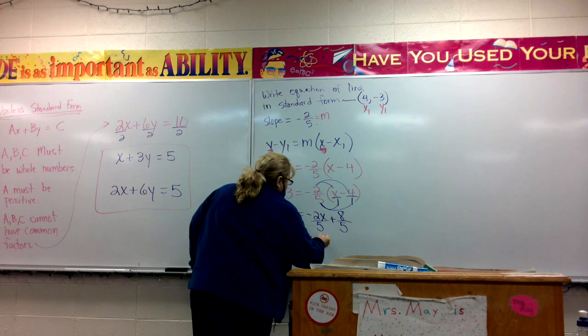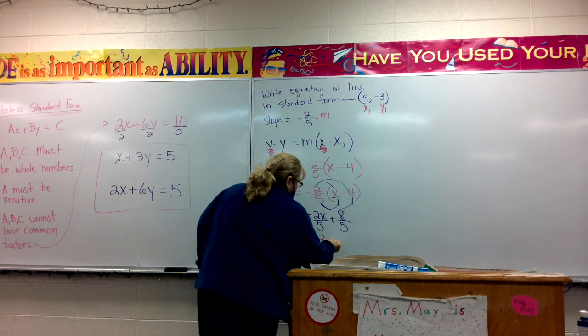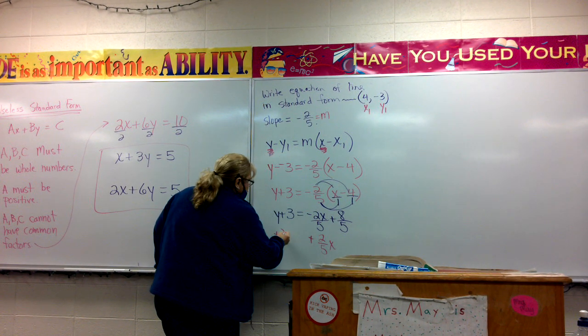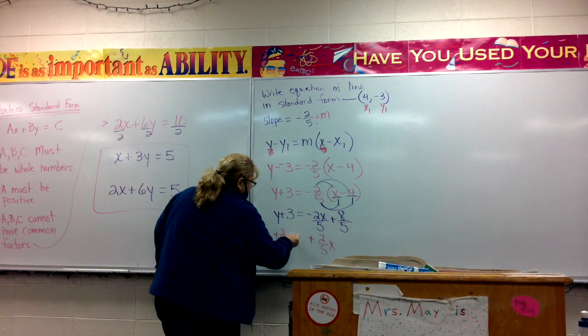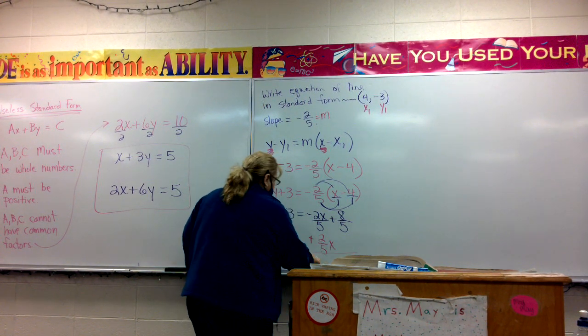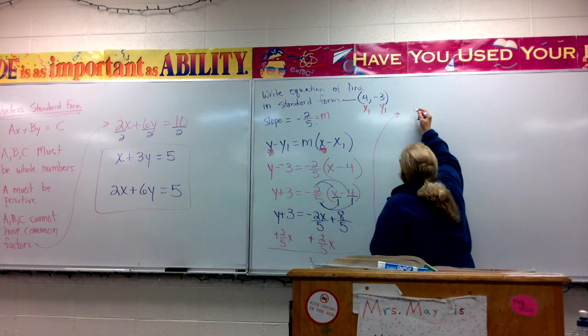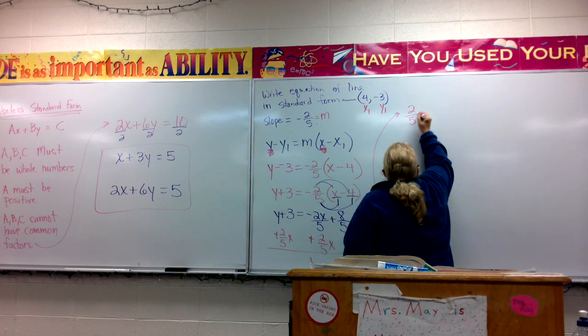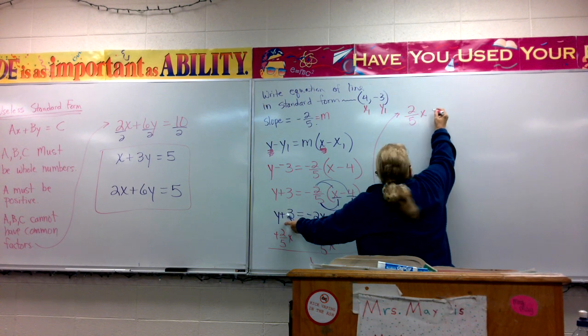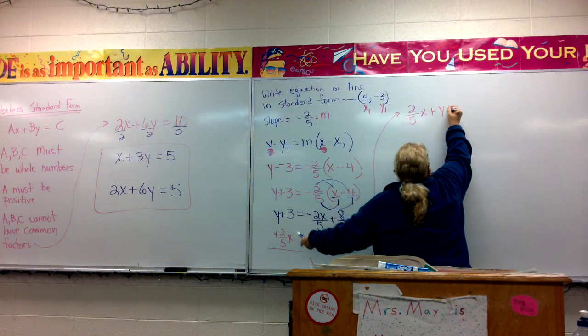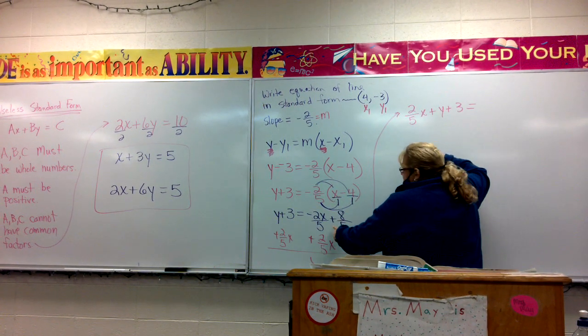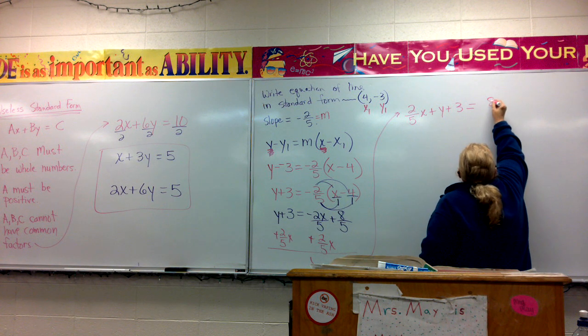So I would add 2/5 x. And what do you get? 2/5 x plus y plus 3 equals 8/5.